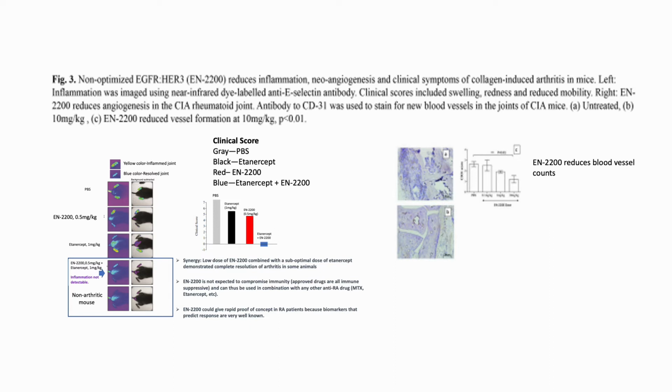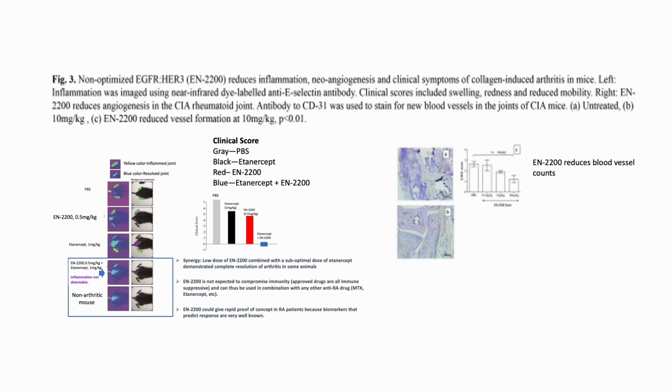The bright yellow color represents high inflammation. The blue color represents low inflammation. You can see that animals treated with PBS have uniformly high inflammation in their feet.